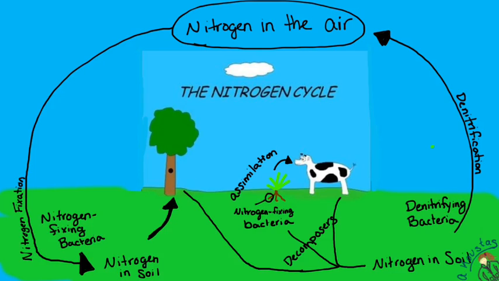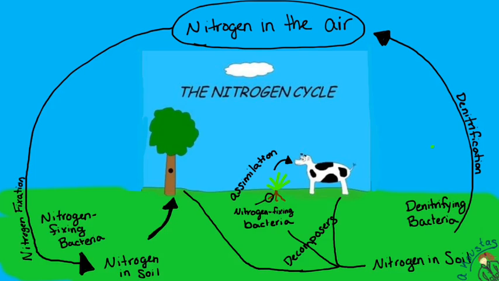That nitrogen in the soil can then be taken up through the roots of plants, and that's how plants get their nitrogen. Now, there are some plants that are special. These are the kinds of plants like legumes, which are things like beans and pea plants. They actually have an adaptation. They have a special kind of way of getting their nitrogen from the soil.